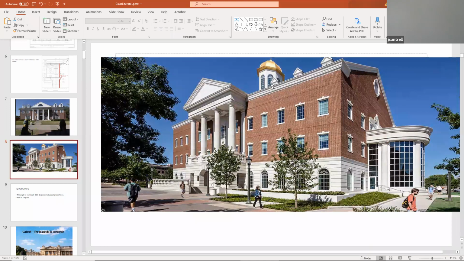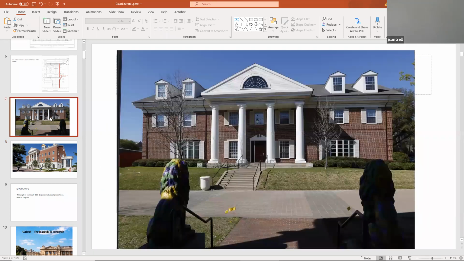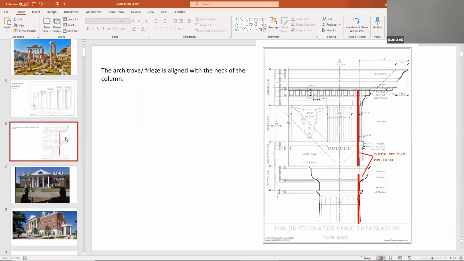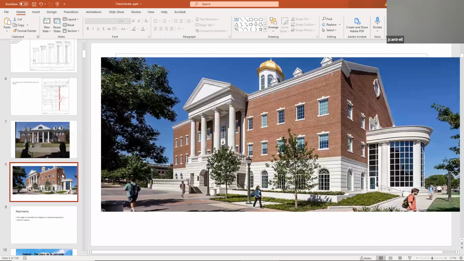And this is a very big problem in American cities because builders are not aware of how the classical orders are really supposed to be honored and designed and drawn. Part of the mission of the Classical Institute is, of course, to further the appreciation and study of classical architecture.